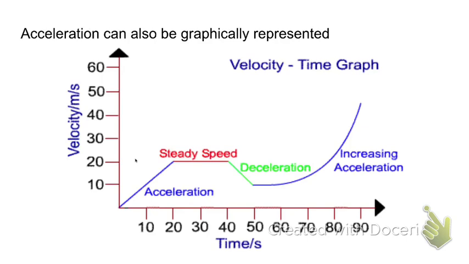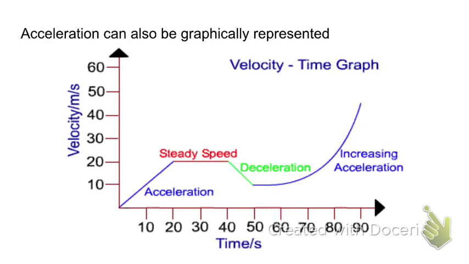We can graph acceleration in a similar way to the way we graphed velocity. Instead of having position on the y-axis, this time we will put our velocity on the y-axis. On a velocity time graph, which will show us acceleration, that diagonal line, which on a position time graph meant the object was moving at a steady speed, on this graph means the object is speeding up.